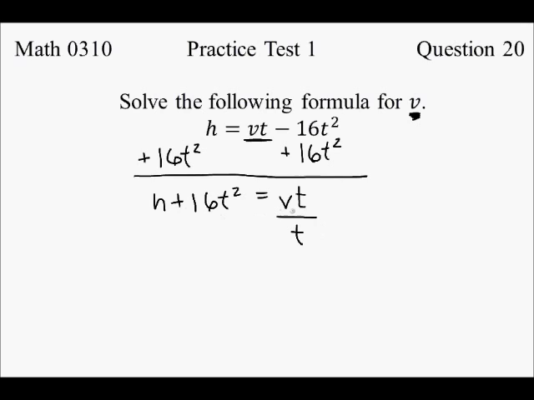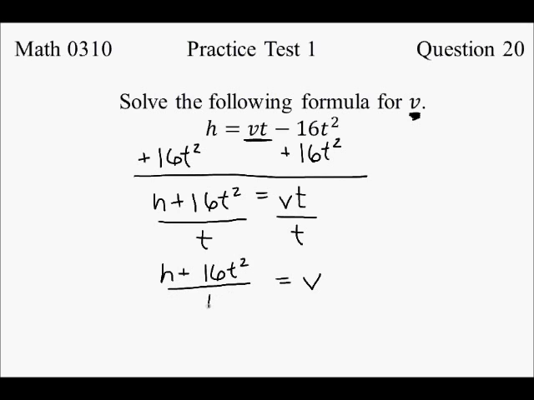If we divide this side by t, we must divide the left side by t as well. So t over t is just 1 here, so we just have v. And we have that v is equal to this expression, h plus 16t squared over t.